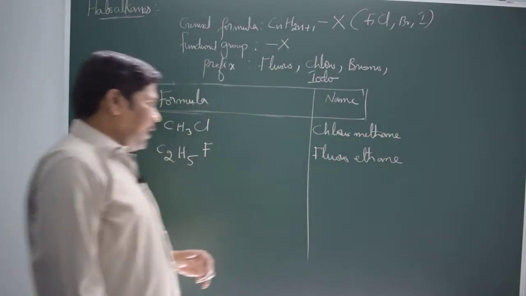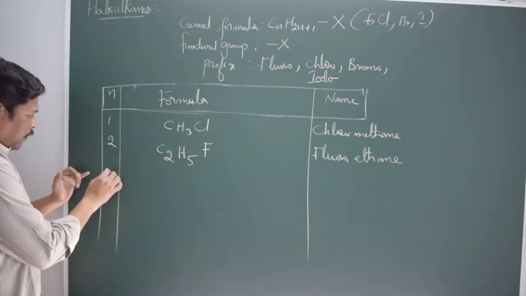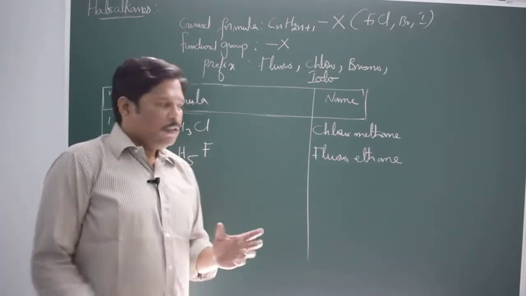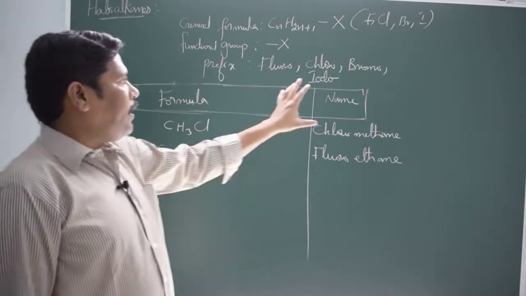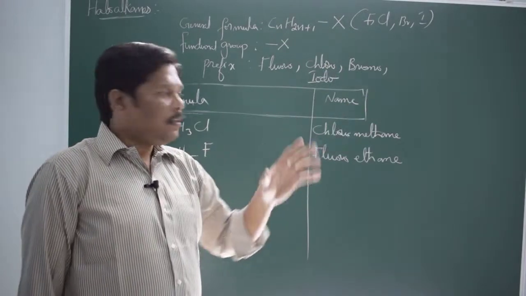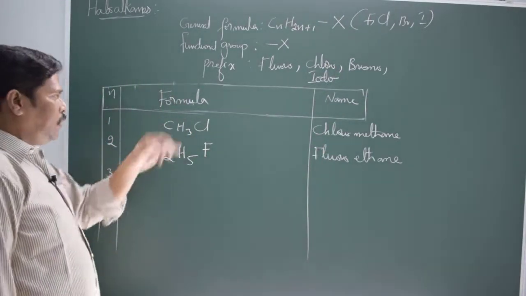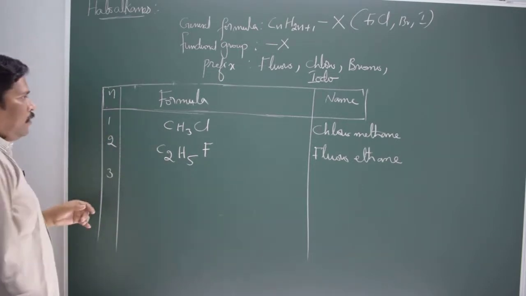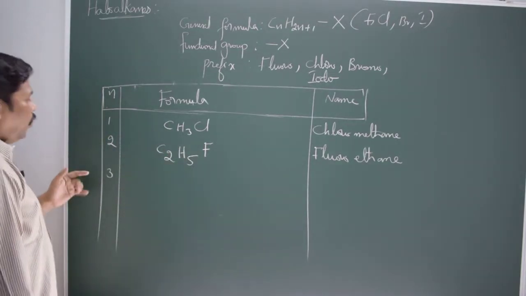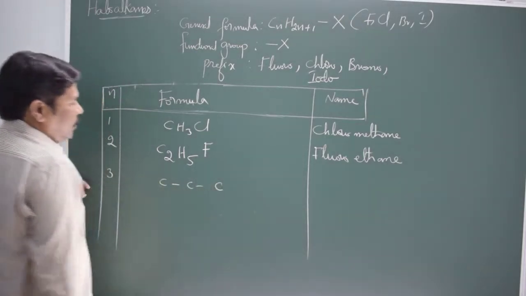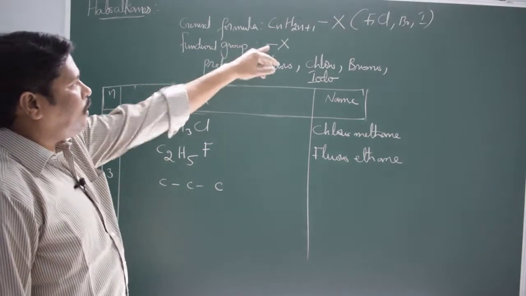Now, when I write the third one, the propane one, from the third member there is a possibility of changing the places of iodine. So isomers, the structure can be different. So we will see 2 or 3 isomers from the third member of the carbon homologous series of these haloalkanes. So the third one, CCC, it is C3H7.